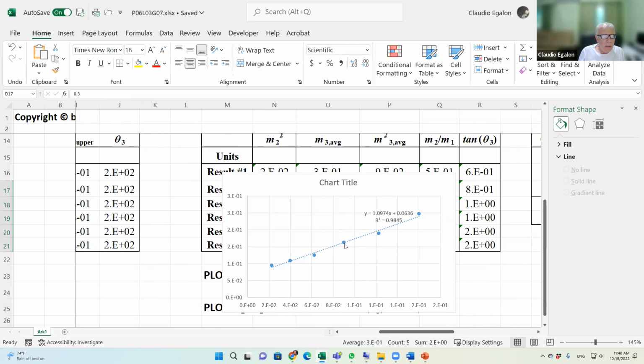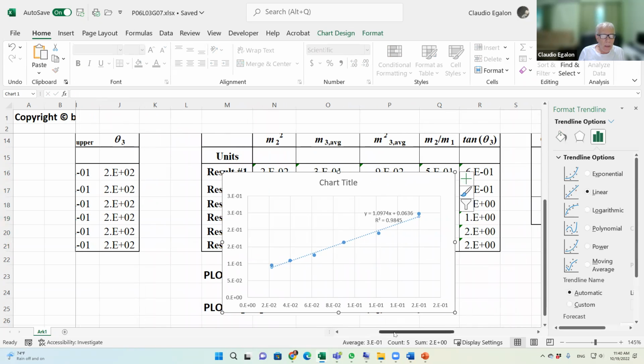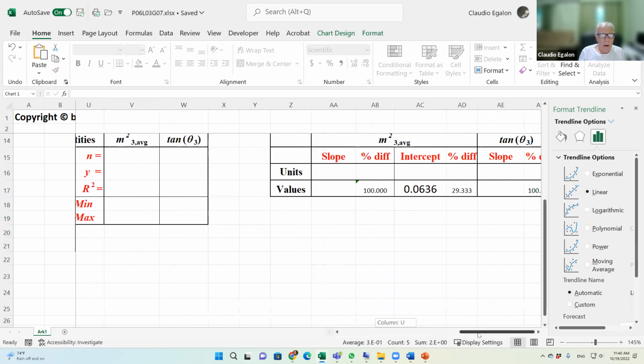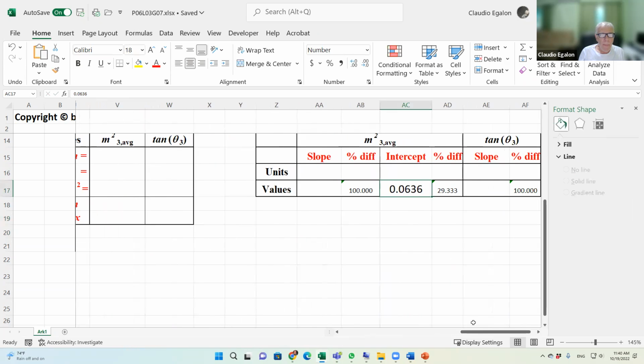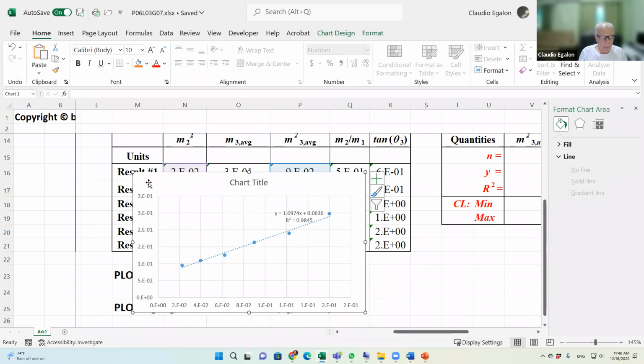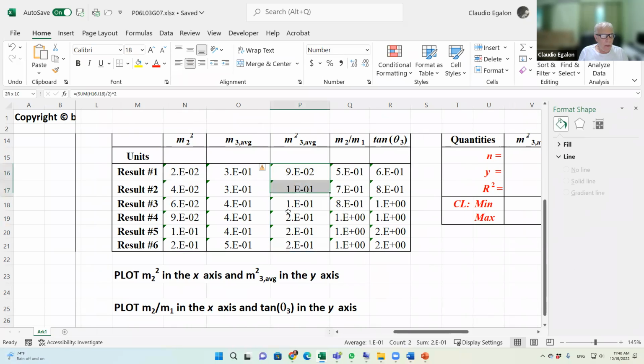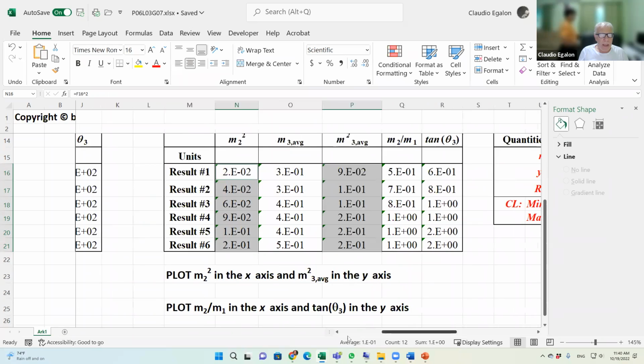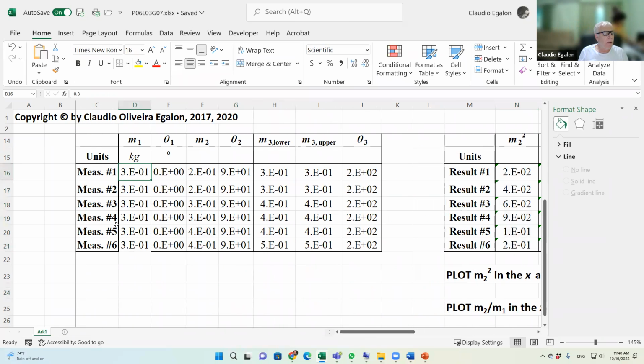Let's see. Or did you change M1? Well, I just typed 0.3. I put 0.3 in every one. 0.3, 0.3, 0.3, 0.3. It's kind of an obvious mistake that the students did.